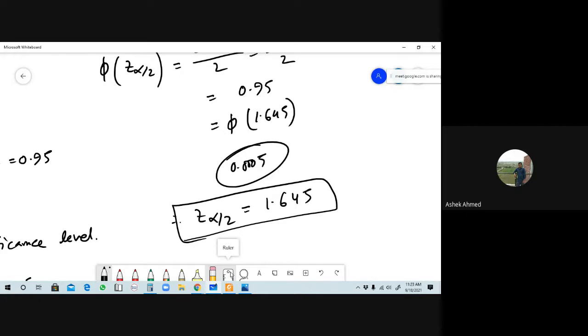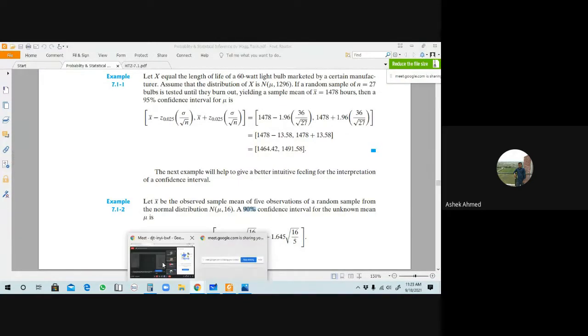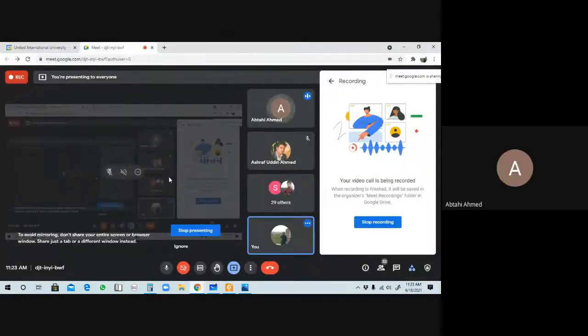Understand, this is the value of z suffix alpha by 2. This is how you have to determine it. Do you understand? Yes, sir.